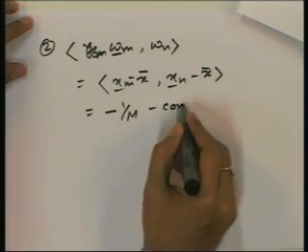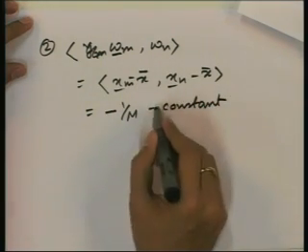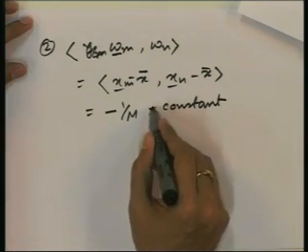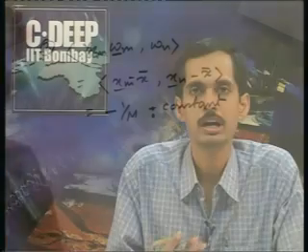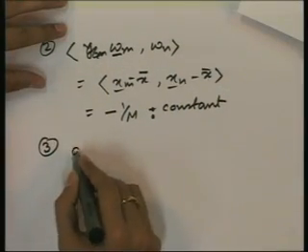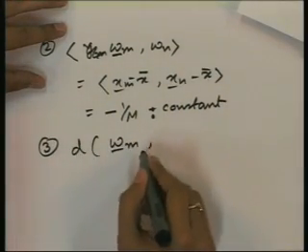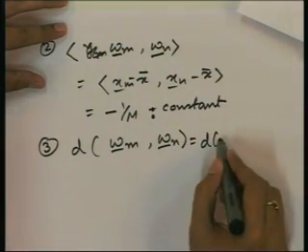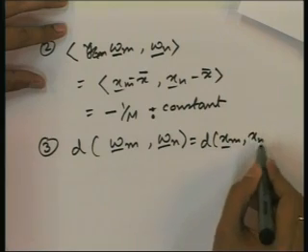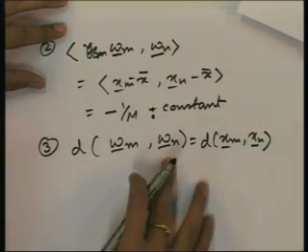So, it is constant, and so any pair of signals from the simplex signal set has the same inner product, that is correlation, and also the distance between any two points remains the same. The distance between Wm and Wn is the same as the distance between xm and xn, because we have translated both the points by the same vector.